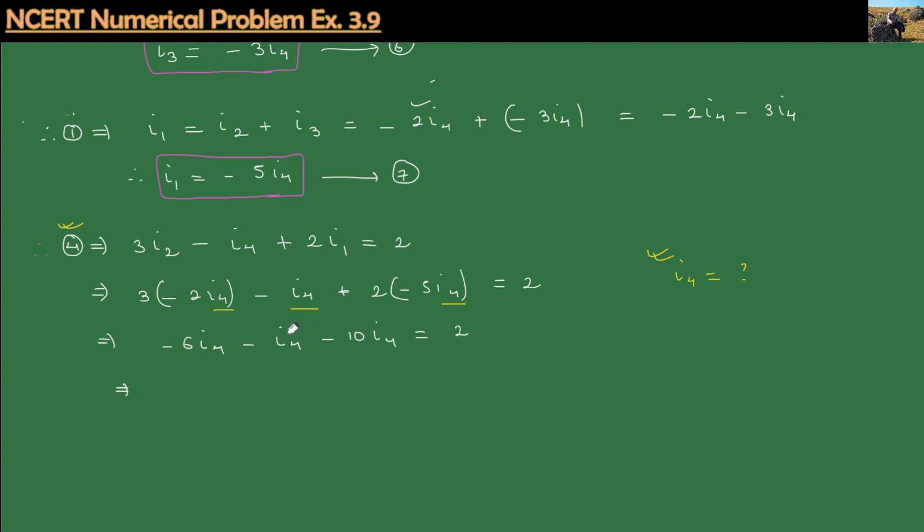Adding 10 and 6 and 1 gives minus 17i4 equal to 2, so the current i4 will be minus 2 divided by 17. The unit of current is amperes. So that is our target.